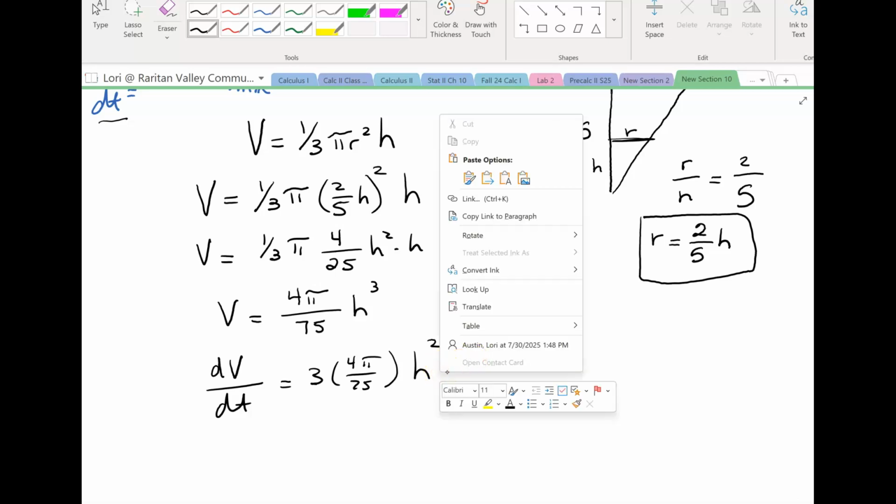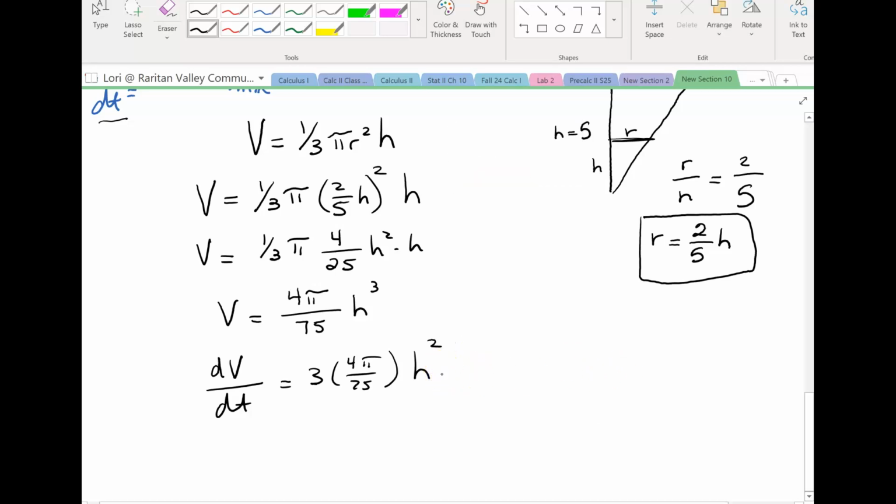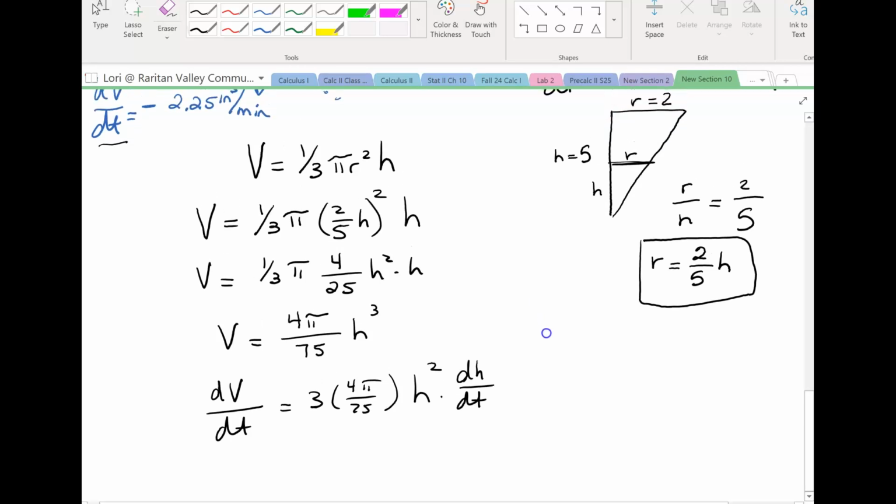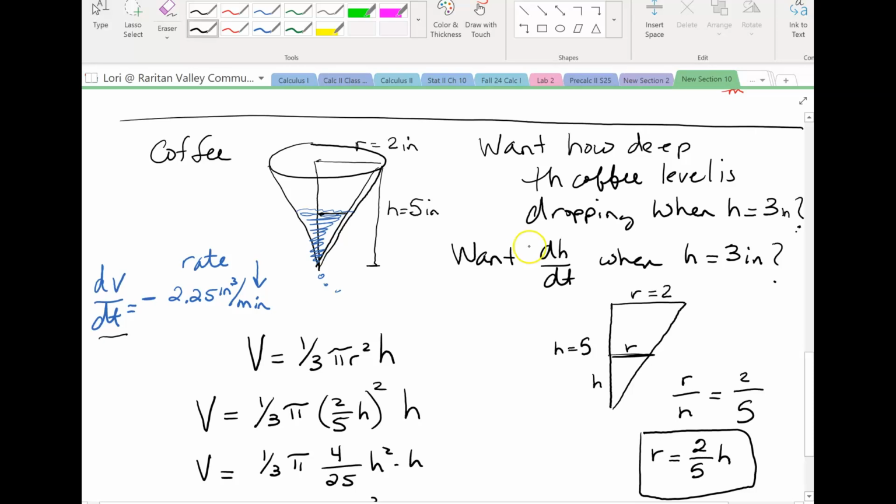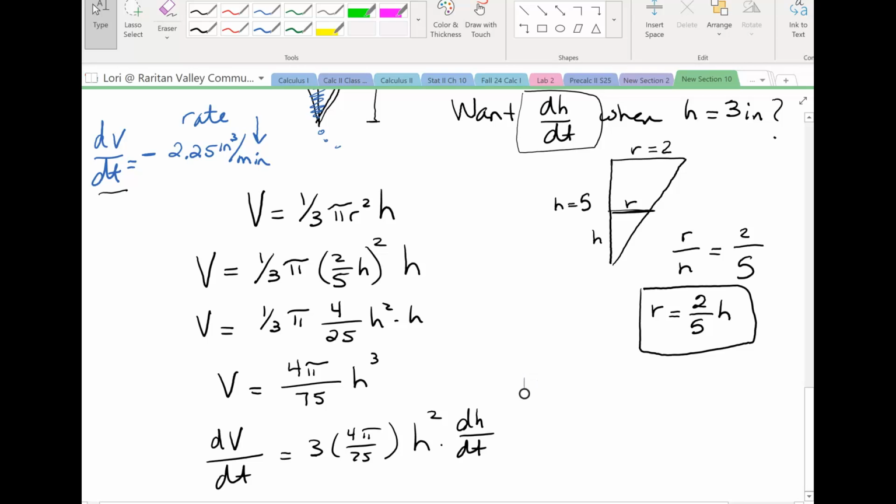But again, because it's with respect to time, times dH dt. So we have a lot going on there. But we only have 3 variables now. And one of them is the variable we want in the problem. So that's just going to remain an unknown, dH dt.